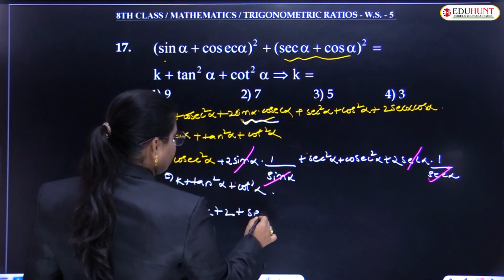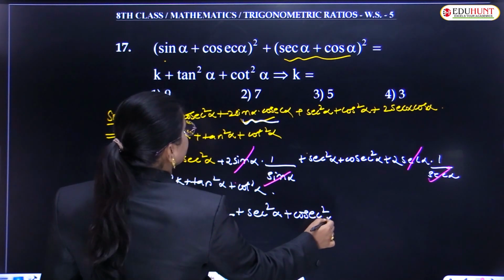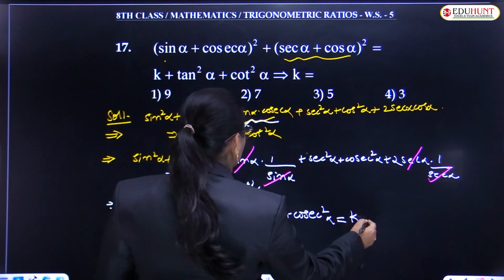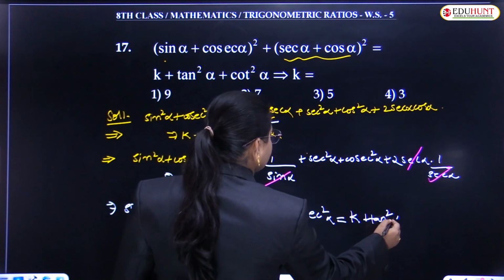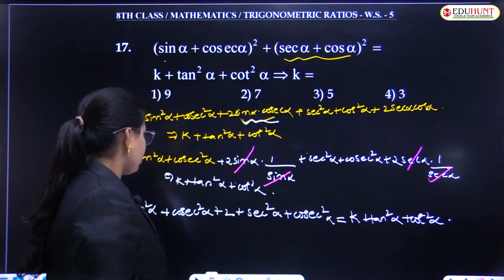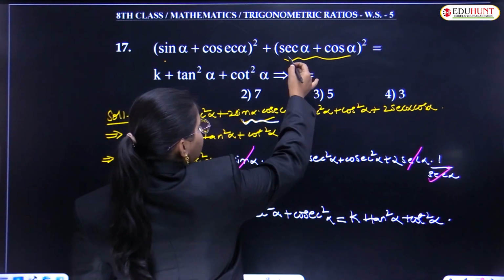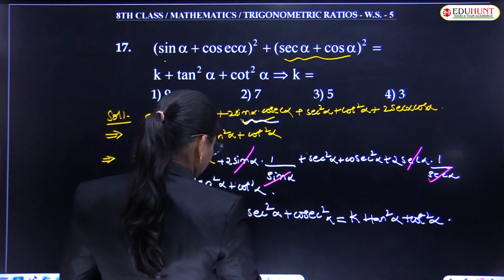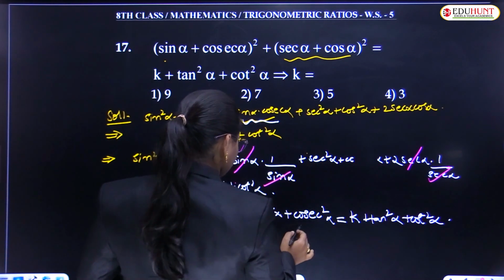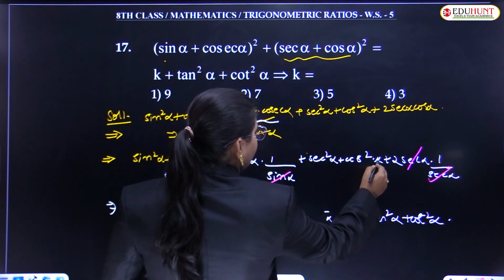Next, secant square alpha plus cosecant square alpha will be equal to k plus tan square alpha plus cot square alpha. Just have a glance at this. This should be cos, right? Secant square alpha plus cos square alpha. Just a minute. This should be cos square alpha.